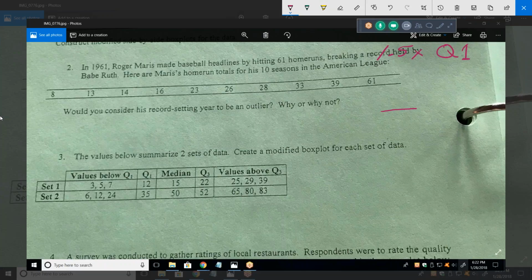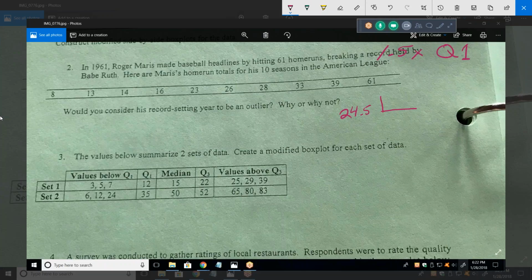So if it's 23 and 26, is there a formula to find halfway? There is, but use your common sense. Is 25 halfway between? No. 24 and a half. So that's 24.5, and that's our median.